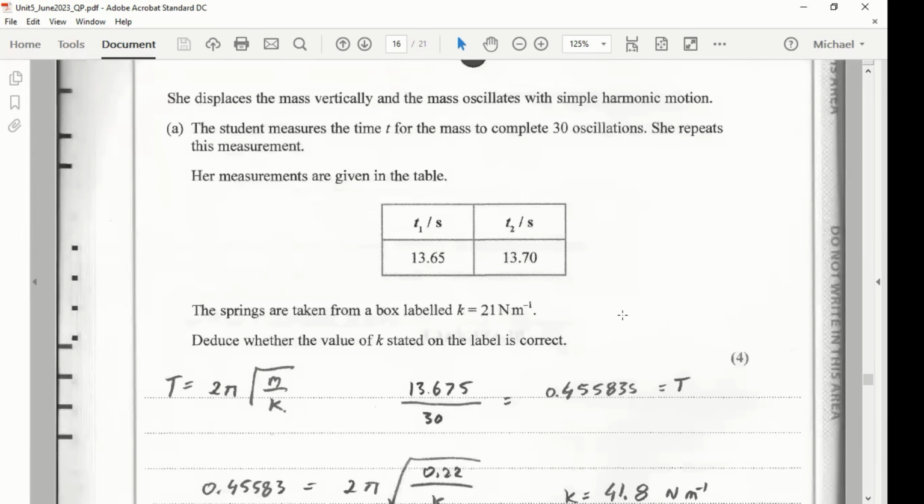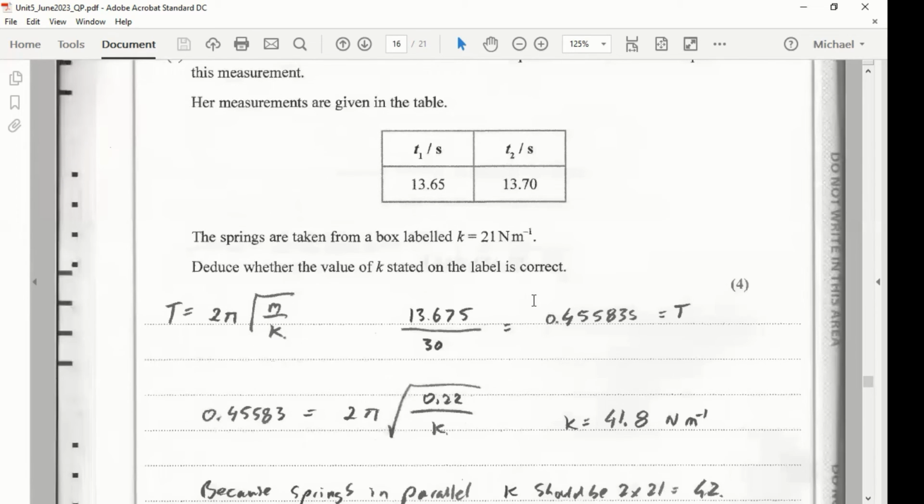So if you work backwards to get T, what do we do here? 0.55835 is T. I've taken the average of the two. And why did I divide by 30?